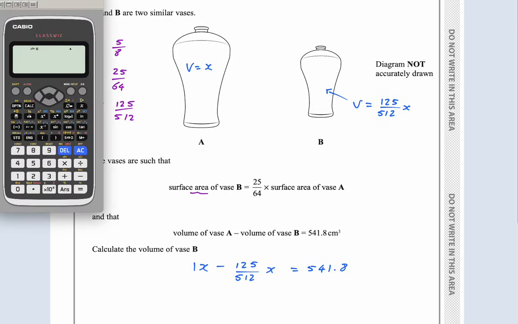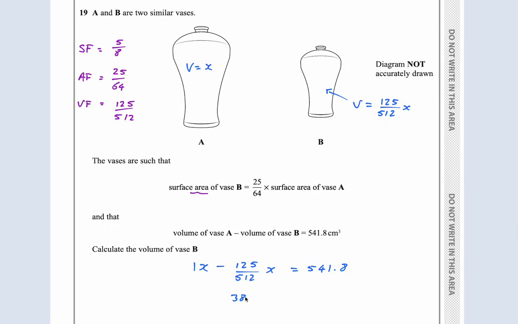You could do this with the calculator, guys, by just going 1 minus, and then obviously forgetting about the x. 1 minus 125 over 512 is 387 over 512. So this is 387 over 512 X, that's like a common denominator, and this is equal to 541.8.